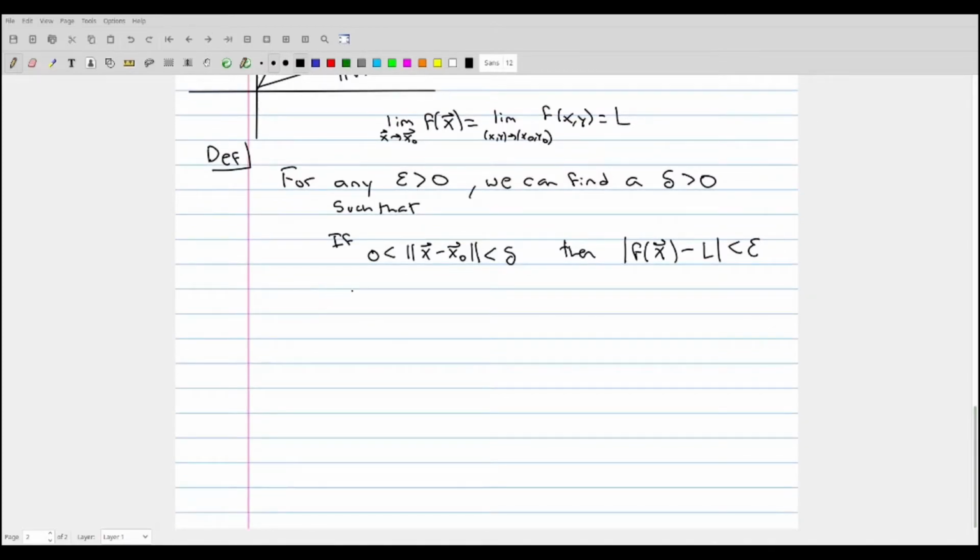Another way of writing this is general. It holds for functions of any number of variables, and it allows you to define the limit for functions of any number of variables. But for 2 variable functions, it's saying that if the square root of x minus x naught squared plus y minus y naught squared is less than delta, then f of x, y minus L is less than epsilon.